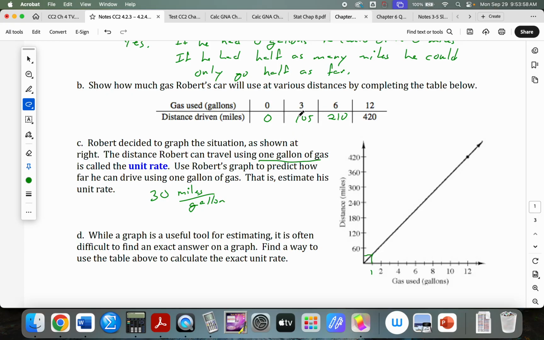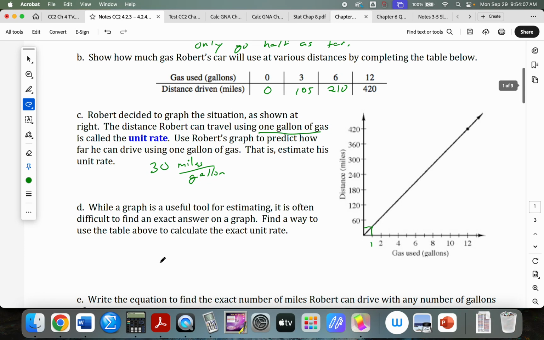Let's use this table. He could drive 105 miles if he had 3 gallons. And if I do that as miles per gallon, that's 105 miles per every 3 gallons, right? That's how I know that this is a unit rate, because it's miles per gallon.